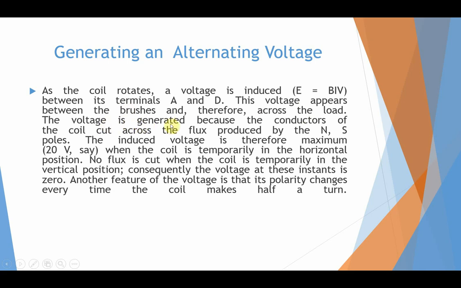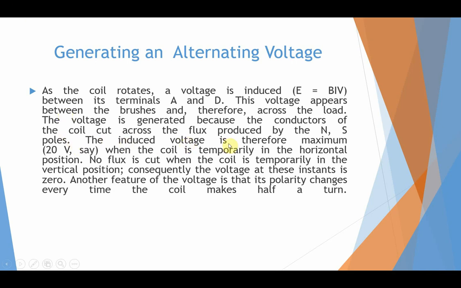The voltage is generated because the conductor of the coil cuts across the flux produced by the north and south pole. As we already studied, when a conductor moves in a magnetic field, an EMF is induced in the conductor, or in this case in the coil.